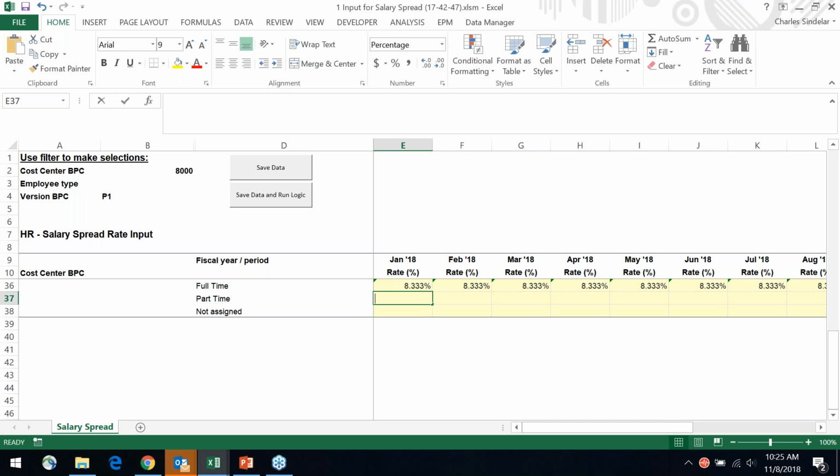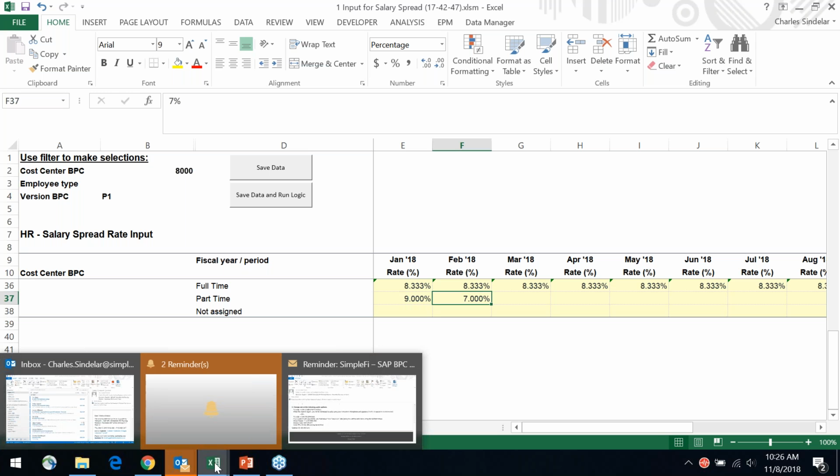If you want to give them 9% one month and 7% the next, and so forth, that is completely at your discretion, and the system will calculate based on that. So that's how, when this runs, the salary and payroll information coming from your HR system is spread out across all of the different months. All right.